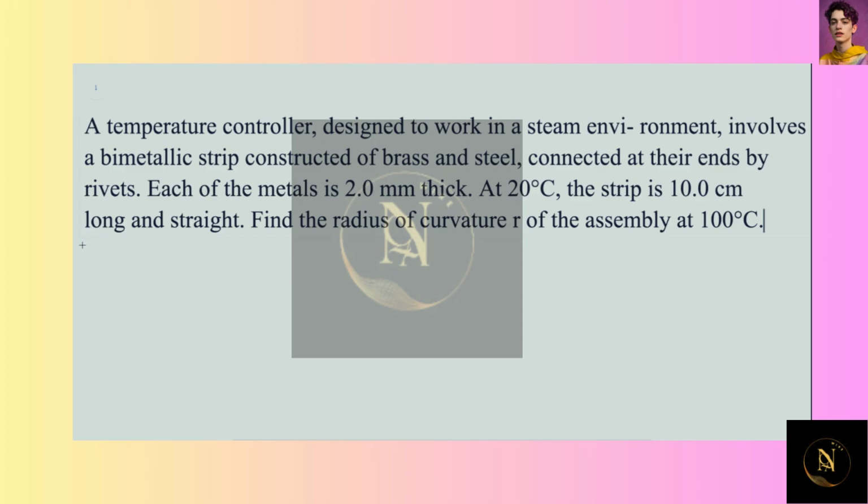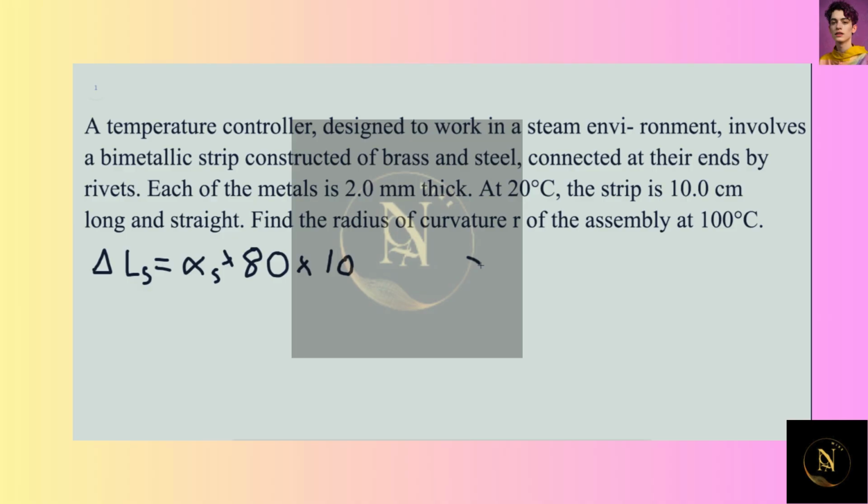Looking at the thermal expansion formula, delta L for steel, the change in length of steel, is equal to alpha S times delta T times the current length. Our change in temperature is 80, and we're going to work in centimeters for the moment because it's easier, so the length is 10.